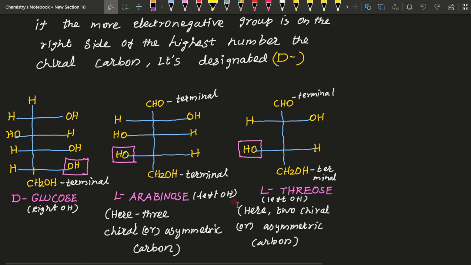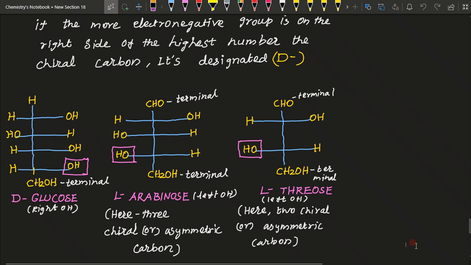Okay, do you understand? There is only one terminal carbon, so we give it like this. Here two terminal carbons and one substituent. Here both are terminal carbons, it is called a threose. So this is also chiral and this is also chiral, asymmetric carbon.